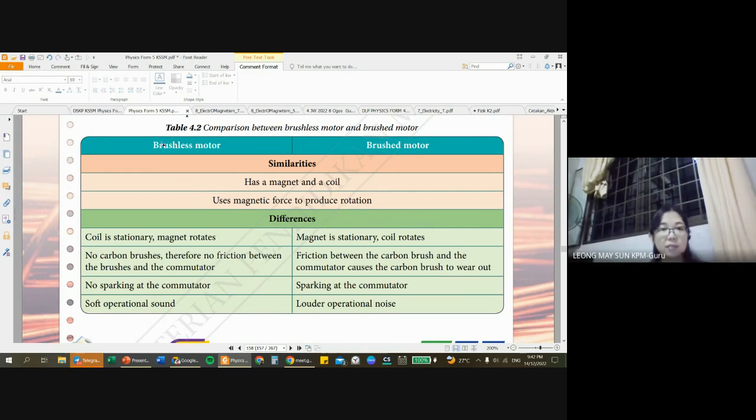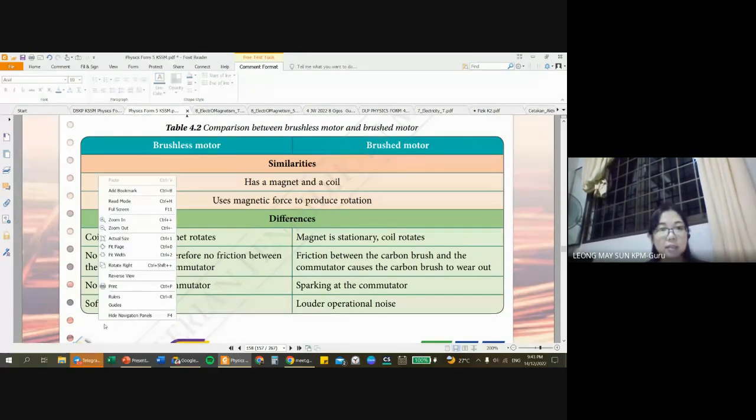The difference for a brushless motor is that the coil is stationary and the magnet rotates. But for a brushed motor, the magnet is stationary and the coil is the one that rotates. In a brushless motor there's no carbon brush, therefore there's no friction. When there's no friction, there's no sparking, and when there's no sparking, it's actually much quieter.